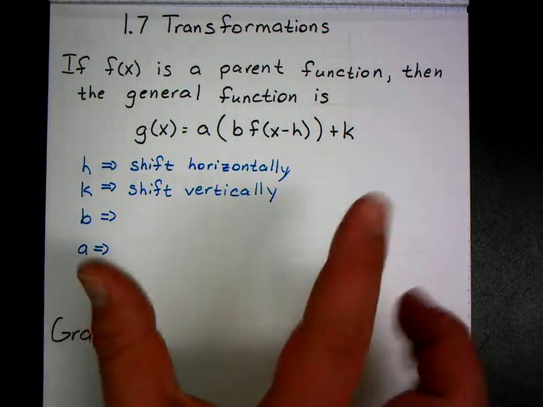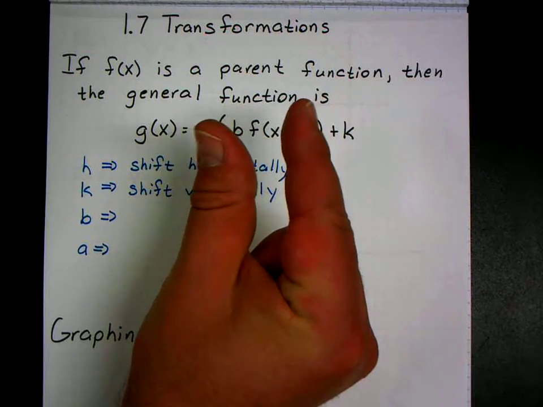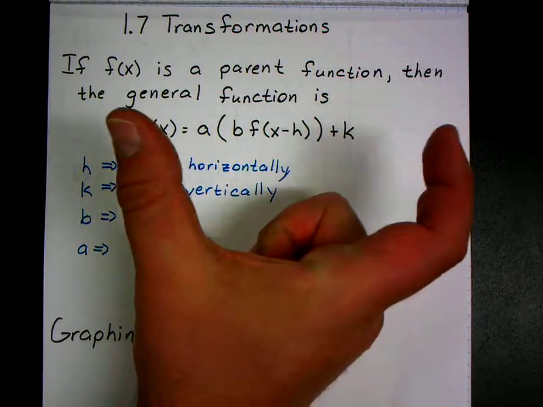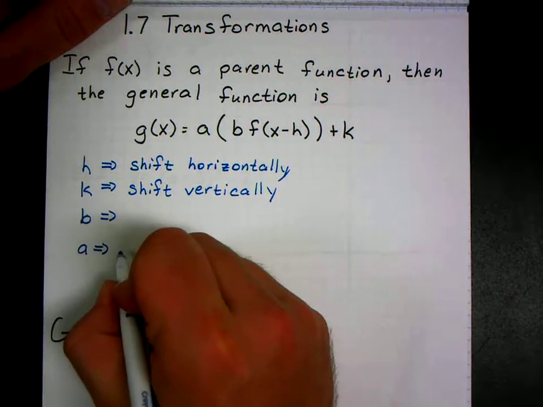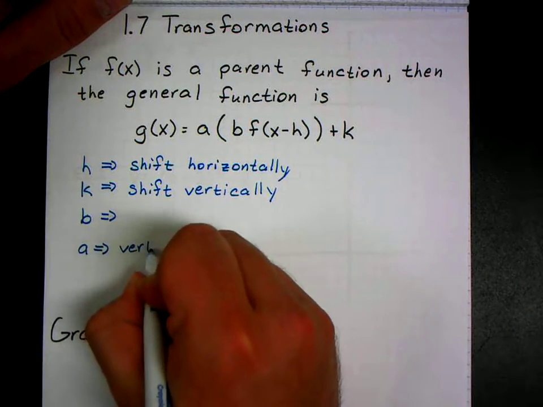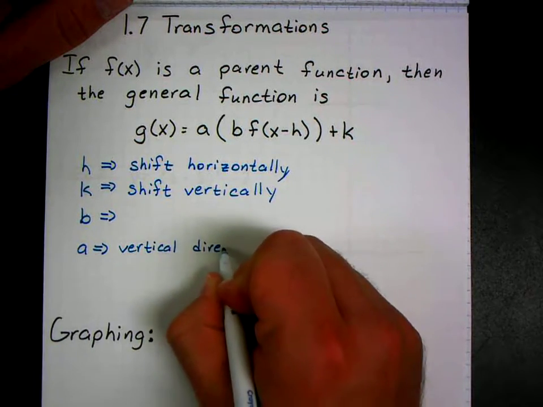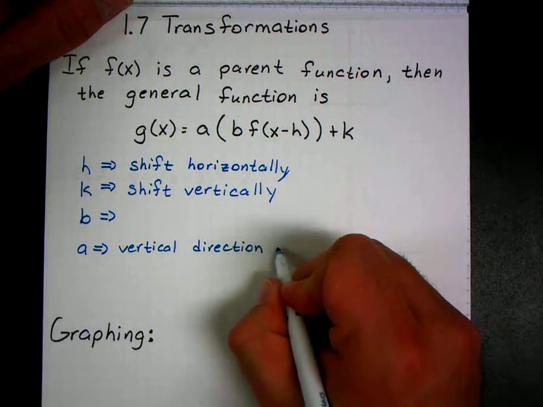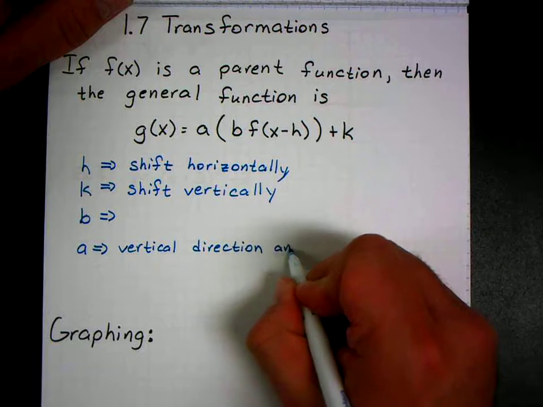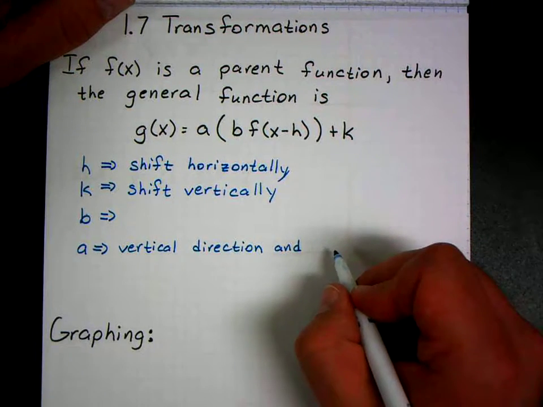So if I had a parabola that looked like this, and I put a 5 in front of it, it would squish it down. If I put a 1/2 in front of it, it would spread it out. What's a good way of describing it?